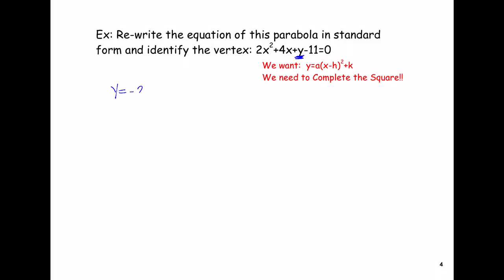I'm going to subtract my 2x squared, subtract my 4x, and add my 11. In order to complete the square, the coefficient of our squared term has to be 1 and positive, so we're going to need to factor out a 2. We're going to move the 11 to the opposite side before we do that.